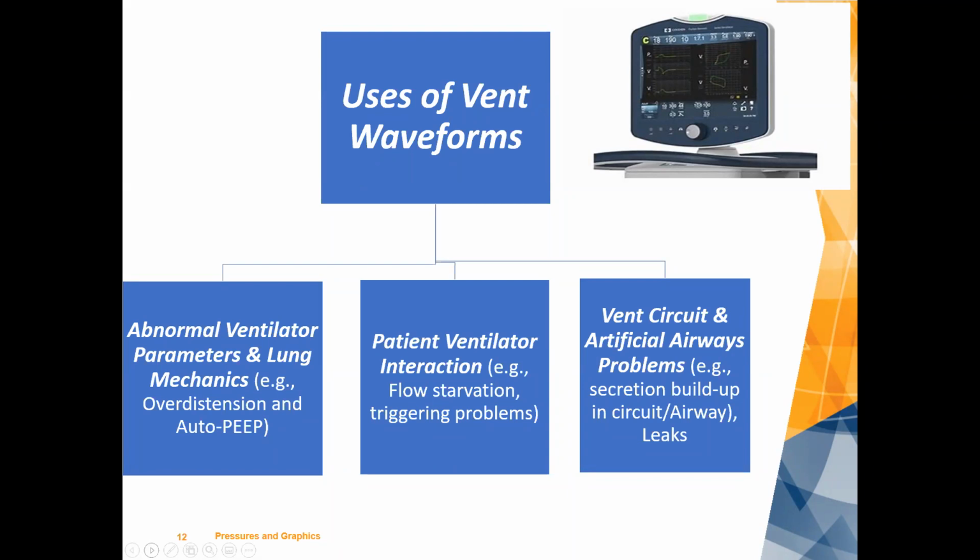In the middle portion here, patient-ventilator interaction, so patients that have insufficient flow, where there are asynchrony issues, things along those lines. And then you can have vent circuit and artificial airway issues, secretion buildup in the circuit or the airway. You can also have things like leaks as well.